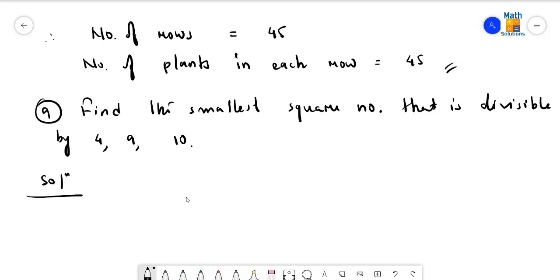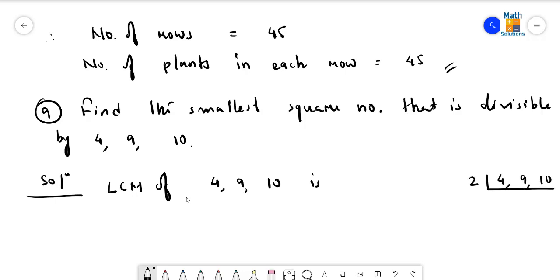So coming to the solution part, we have to choose that kind of number which is divisible by all these three numbers 4, 9 and 10, and that can be only one number, that is what? LCM of all these three numbers. So let us find the LCM of 4, 9 and 10.